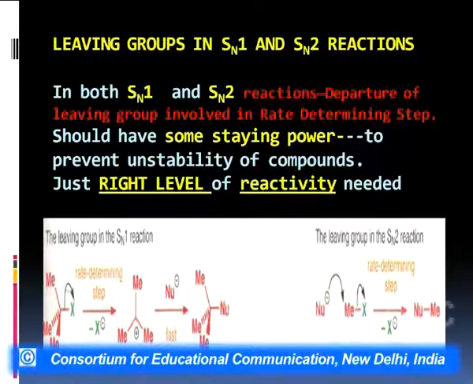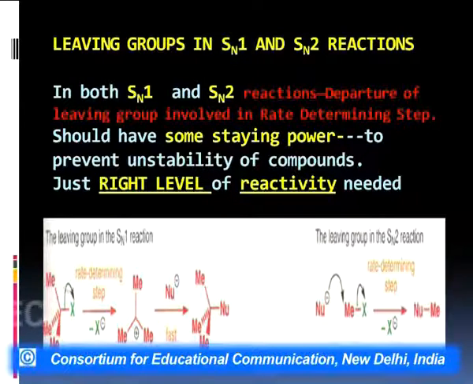In the SN1 reaction, the substrate cleaves to form a carbocation, so it is involved here. Whereas in the SN2 reaction, the reaction takes place simultaneously, that is, the attack of the nucleophile and the cleavage between the carbon and the leaving group. So here also the leaving group is taking part in the rate determining step.